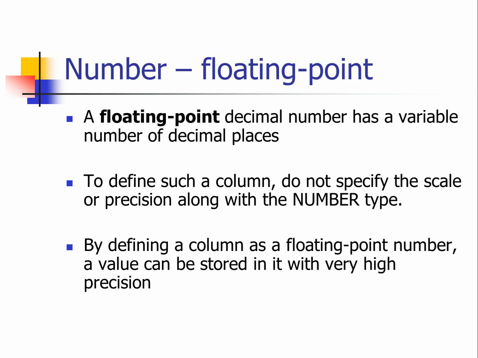This will be a floating point number. A value can be stored in it with very high precision. So that is one way of handling things. But of course, the speed as well as the space will not be optimal.